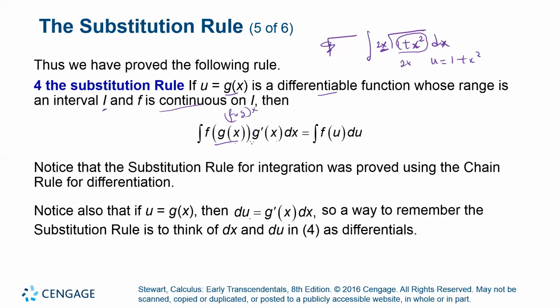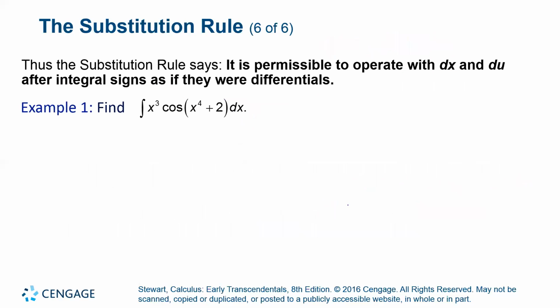Notice that u is a function. When we differentiate u, in this example we have du/dx equal to 2x, and when you multiply through by dx, you get du equal to 2x dx.